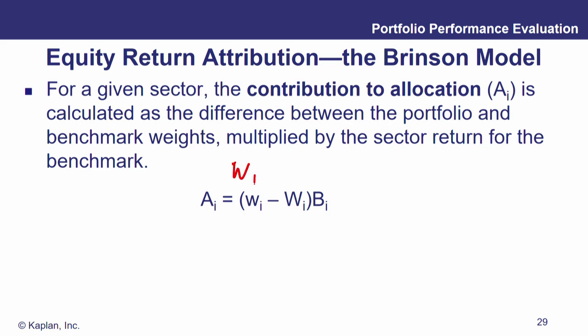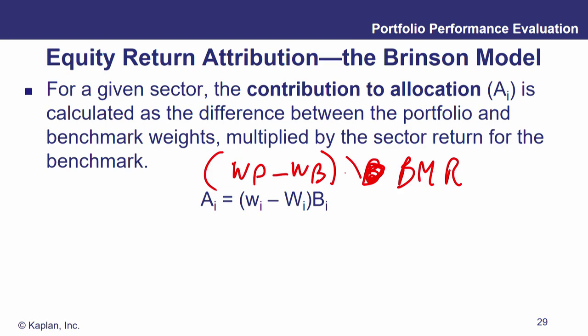So we're looking at weight of the portfolio minus weight of the benchmark, and then we're multiplying that by the sector return for that benchmark. Actually, let's do it this way. We'll say benchmark return. Okay, so let me repeat that. This allocation effect is going to take the weight of the portfolio minus the weight of the benchmark times basically the return of the benchmark.